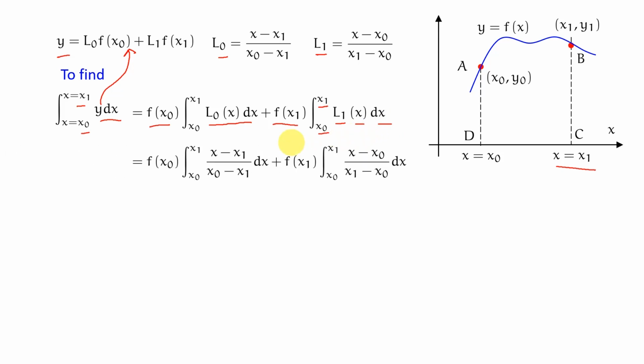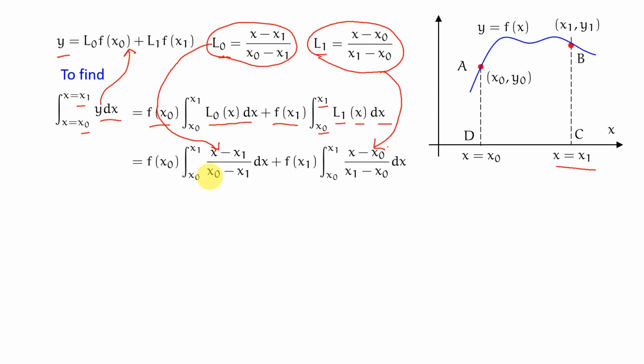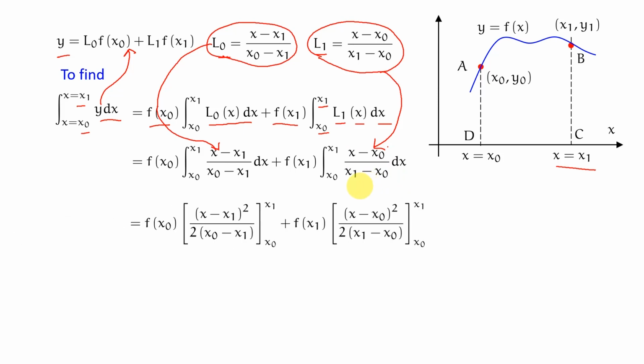I can now write the expression of L0 and L1 inside this integration sign, and now all I have to do is integrate (x minus x1) divided by (x0 minus x1), and (x minus x0) divided by (x1 minus x0). So this is very simple.